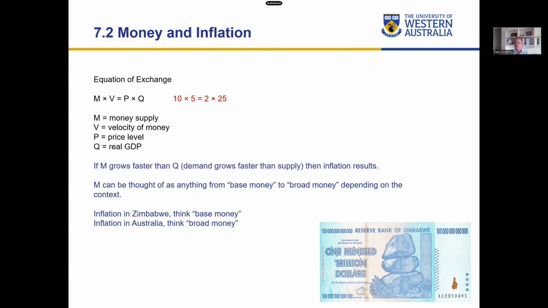And as the price level starts to rise, and therefore the inflation rate starts to move up, the problem now faced by the government and the central bank is if they print the same amount of new money that they did before, it wouldn't have the same purchasing power as it had before because the price level is now higher. So if the government printed $50 billion worth of new notes and coins in Zimbabwe first time round, to stay ahead of the higher price levels, they might have to print $100 billion next time.